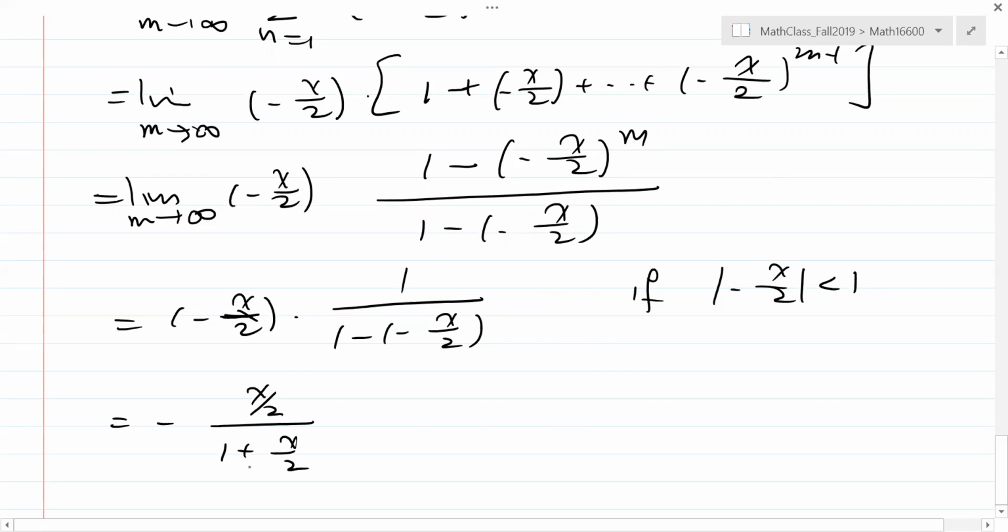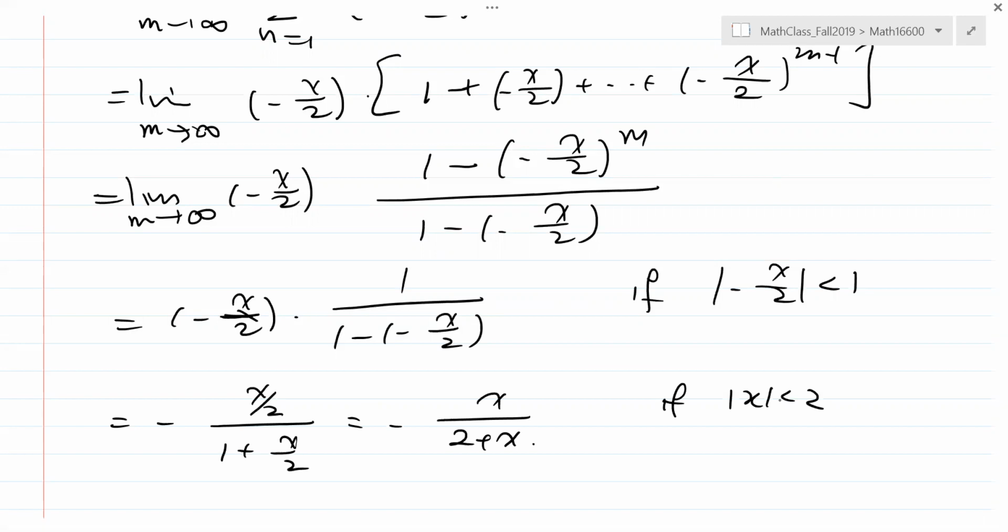You can also write this as negative x over 2 plus x, if the absolute value of x is less than 2. Then the series converges to negative x over 2 plus x, and the final sum converges to this number.